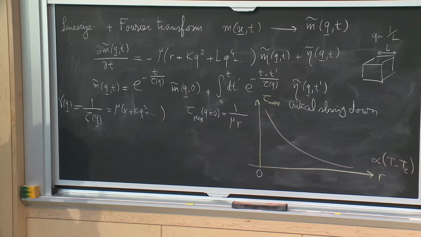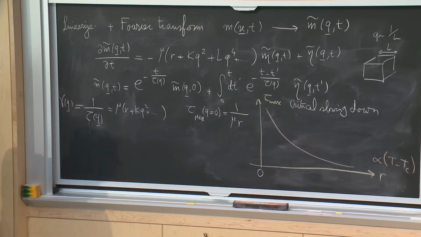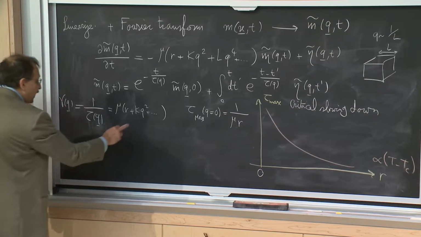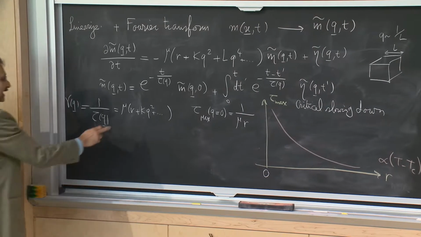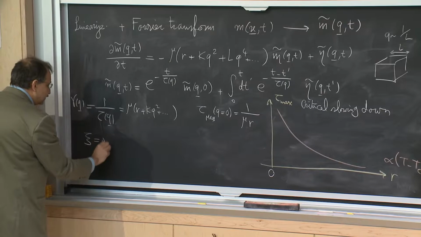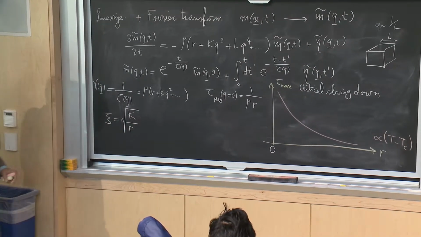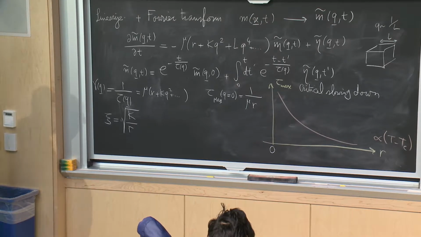Okay? Now also recall there is a time that we see is diverging as r goes to 0. Of course, we identified before a correlation length from balancing these two terms, and the correlation length is square root of k over r, which is again proportional to t minus tc, and diverges with the square root singularity.